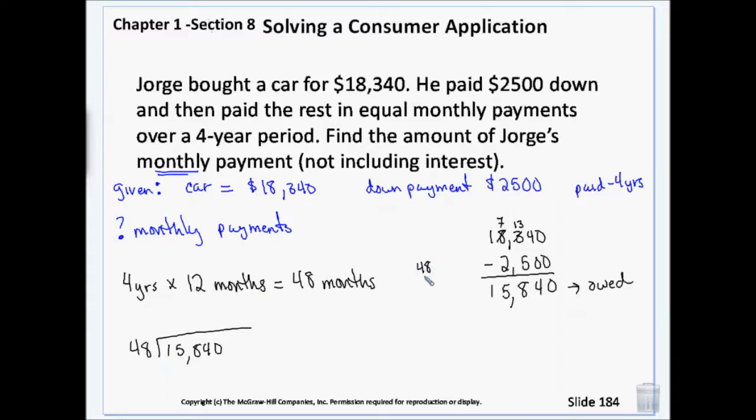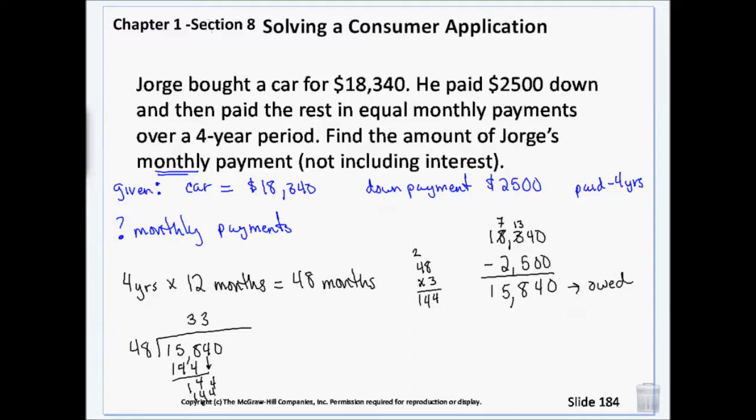So if I try 48 times 3, I'm going to get 144. There won't be another 48 that fits in there. So 3 was the correct amount. And then I subtract, bring down that 4, and look at that, 144. We already had that answer, so that's 3, which will give me 144.